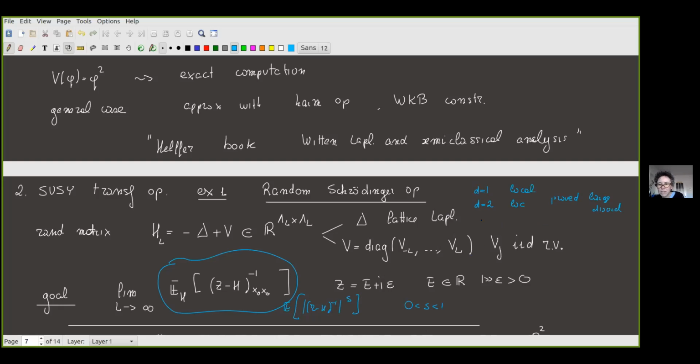For weak disorder, I don't think it's proved. For dimension larger than or equal to 3, you have localization at large disorder, and you expect delocalization at weak disorder. This is, as far as I know, open.